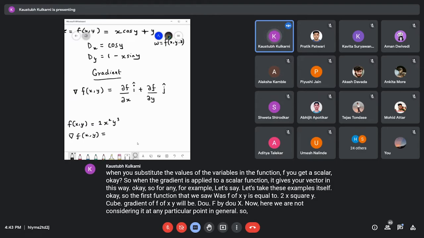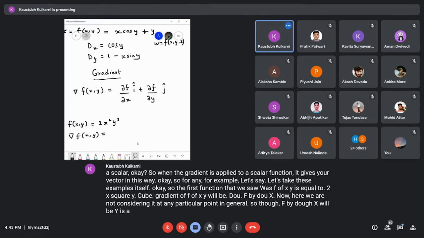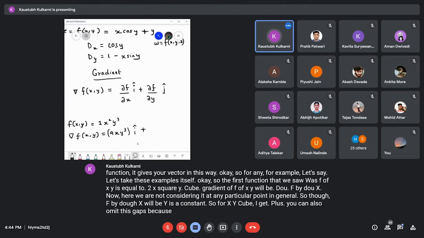So dou f by dou x will be, y is a constant, so 4xy cube i cap plus, you can also omit these caps if there is no scope for any confusion or ambiguity.